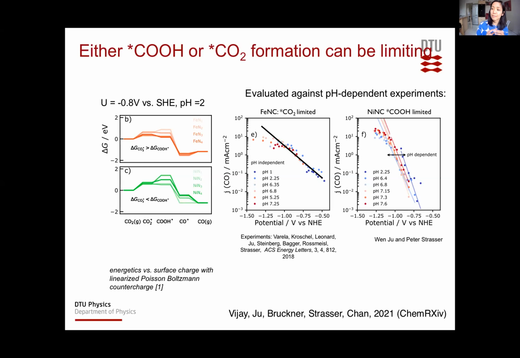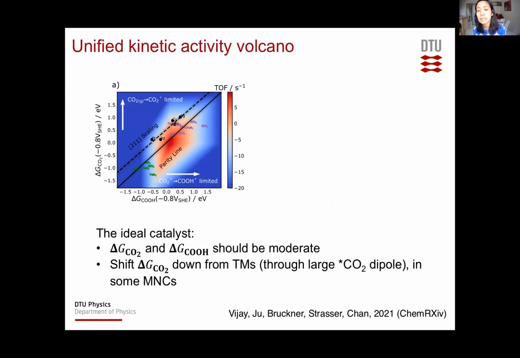We have combined all of these insights into the single atoms as well as the transition metals into this overall kinetic activity volcano as a function of these two critical descriptors, CO2 binding and COOH binding. The color bar here corresponds to a turnover frequency. As we often see in heterogeneous catalysis in general, moderate binding energies are good.